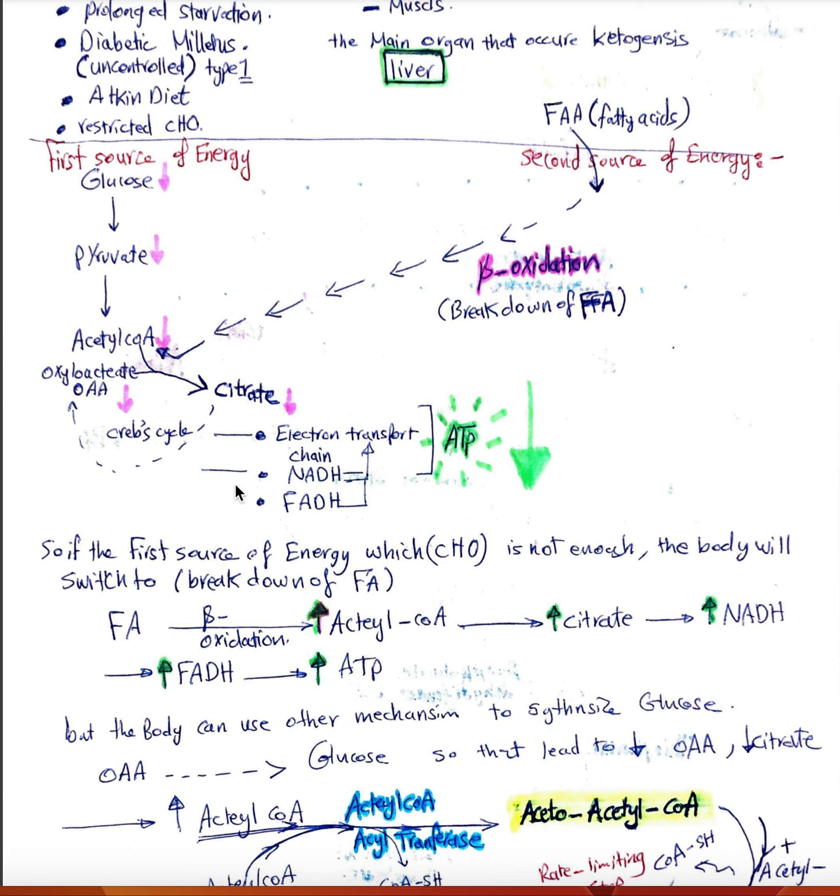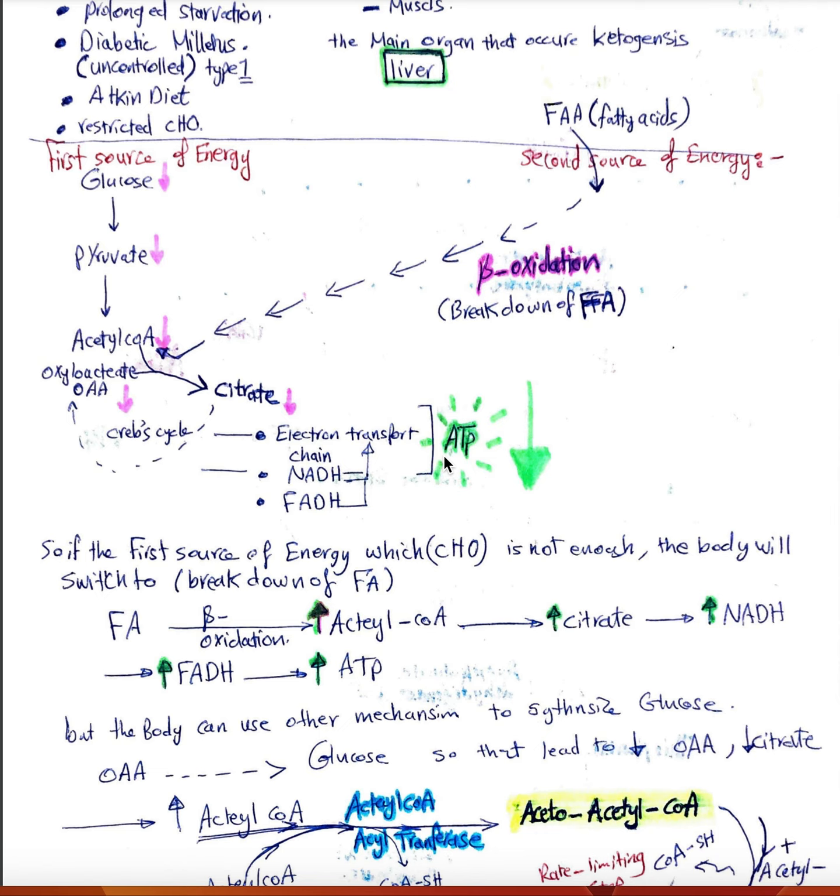This leads to electron transport, NADH and FADH, and that leads to the production of ATP. This is the normal and first source of energy.